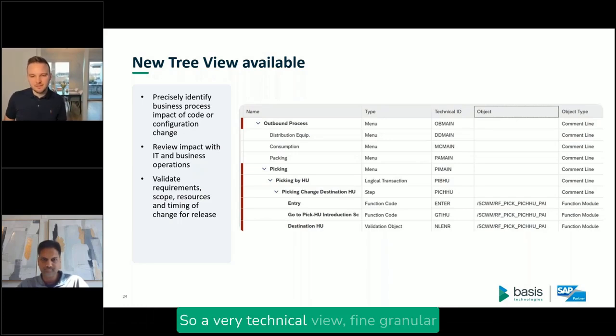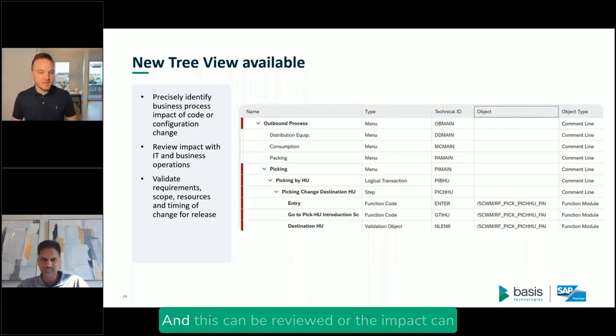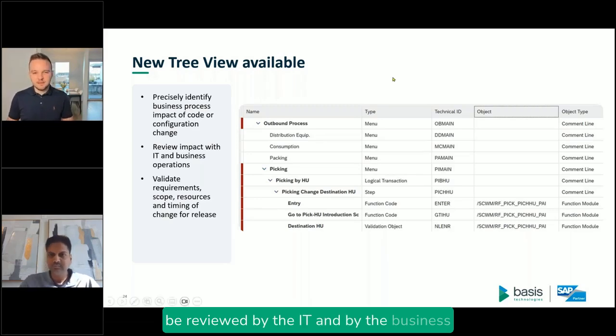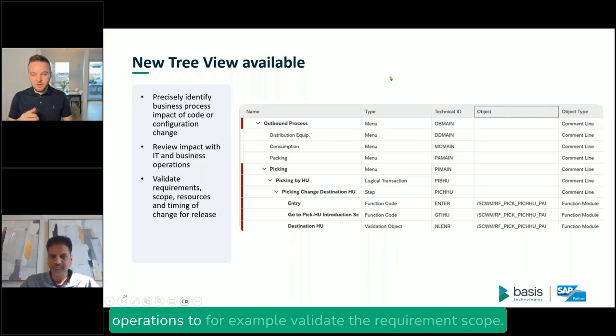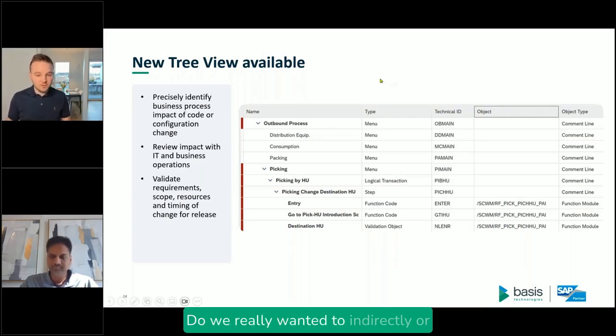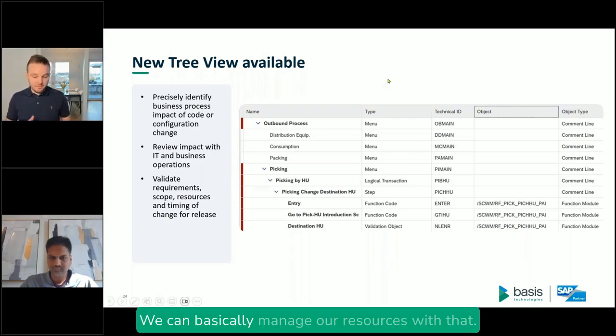So a very technical, fine granular view mixed with a high level view. And the impact can be reviewed by the IT and by the business operations to, for example, validate the requirement scope. Do we really want to indirectly or directly touch the picking by HU process? Are we even allowed to do that? We can basically manage our resources with that.